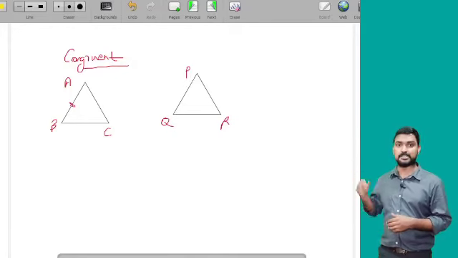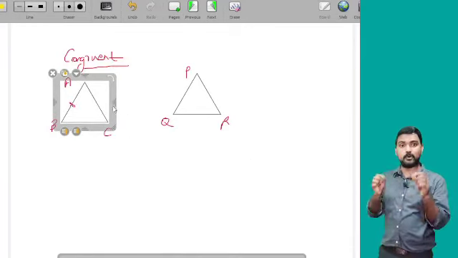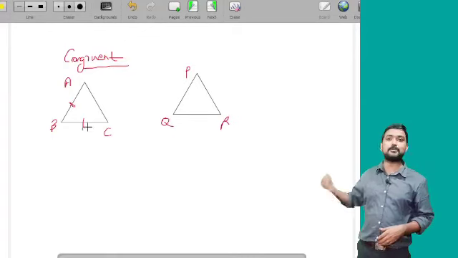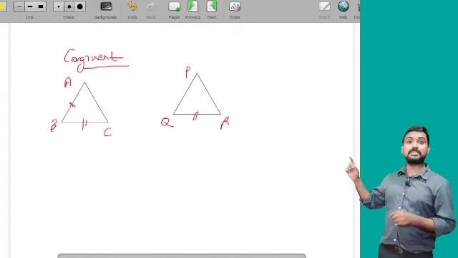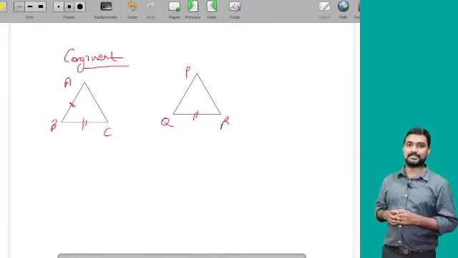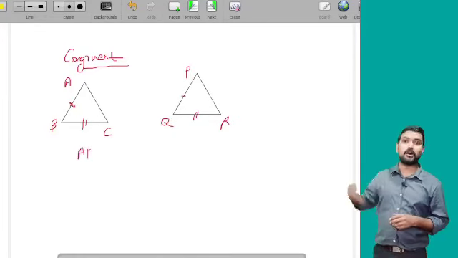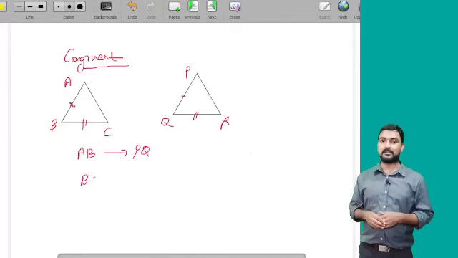Here look at this AB, which is the smallest side of the first triangle. Which is the smallest side of the second triangle? PQ. Both have the same measurement. And the next smallest are BC and QR. This BC and QR are equal.